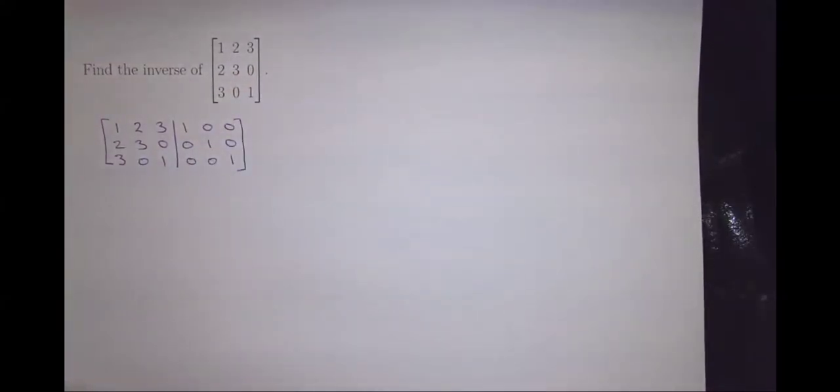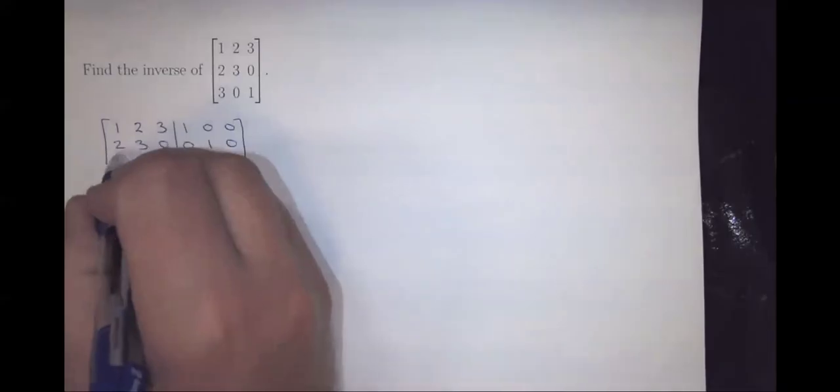Okay, so we've got our new matrix with the identity matrix appended to it. We're going to now pivot in the first row, first column. So we're going to eliminate the 2 and the 3.